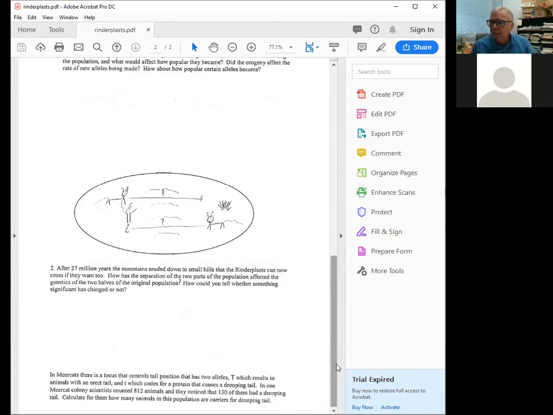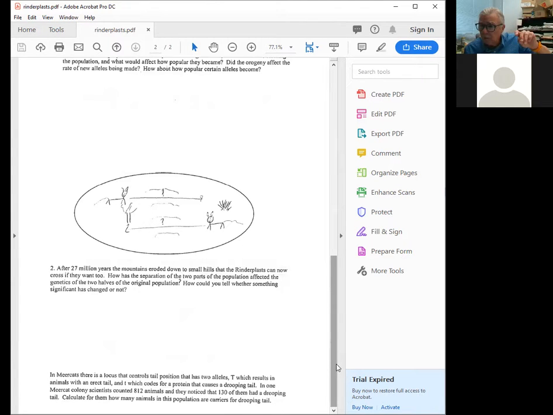Well, what if something happened to the meerkats with the drooping tail, and somehow more of them died than the ones carrying a big letter, either through natural selection or just by genetic drift? So in the next generation, Q, the small letter, went down to 0.3.